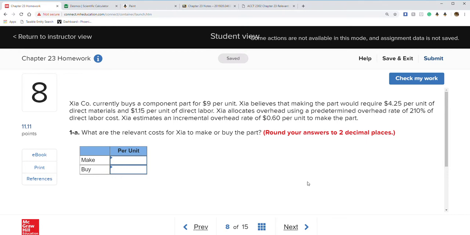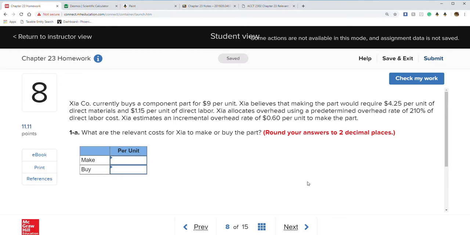Alright, so question 8. Zyacor currently buys a component for $9, and they believe they can make it for a cheaper price. Let's see if we can. So they think making a part will cost them only $4.25 per unit of direct materials and $1.15 for direct labor.